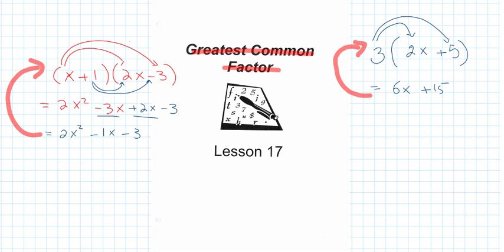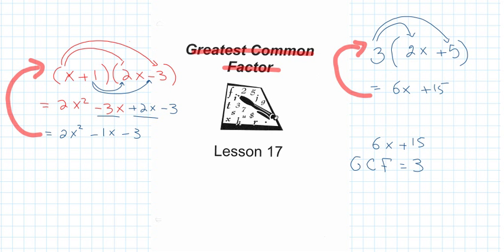So if I want to take, for example, this right here, which is 6x plus 15. What can I divide both terms, the 6x and the 15, by? Can I divide them both by 3? Yes, because 6 is divisible by 3 and 15 is divisible by 3. So that means my greatest common factor for this is 3.